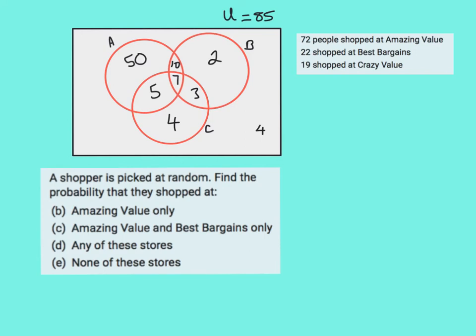We'll call that the P of A. It's the probability of just shopping there. Well, we know that A, amazing value only, is this figure 50 here. So that would be 50 over the total, which is 85. And when I do that, 50 divided by 85, I will get 10 over 17.